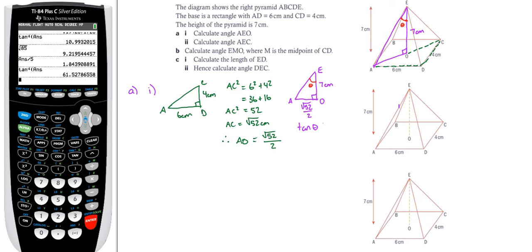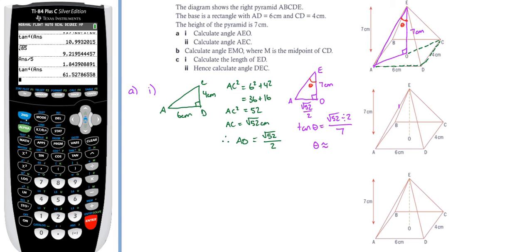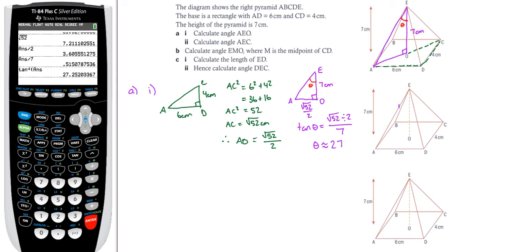So tan of theta is root 52 divided by 2, all over 7. So if I take root 52, divide that by 2, take that answer divided by 7, and do the tan inverse of that ratio, my theta is approximately 27.3 degrees when I round to 3 sig figs.